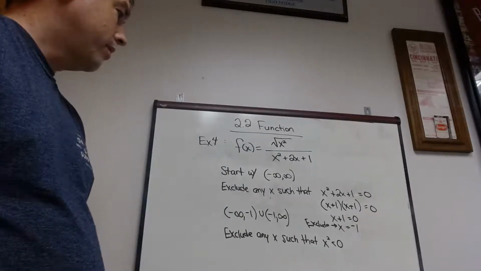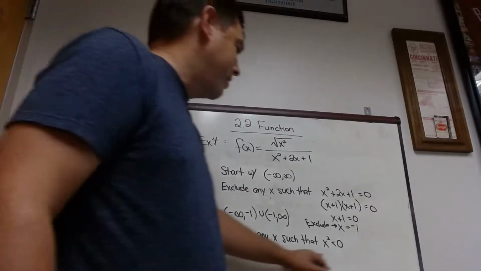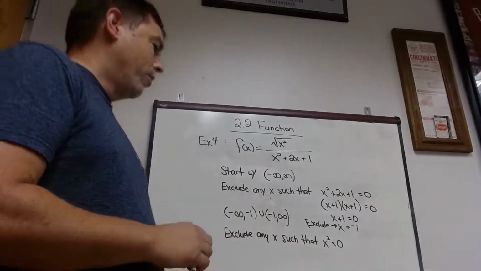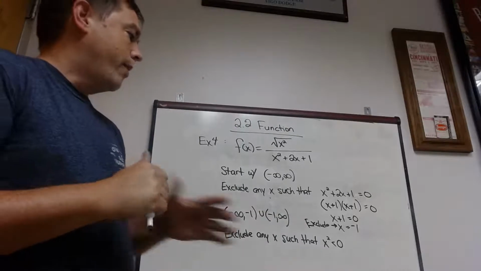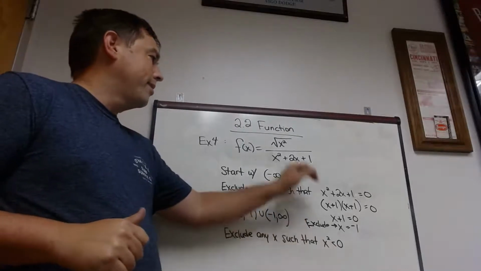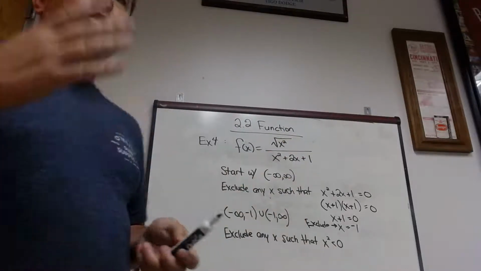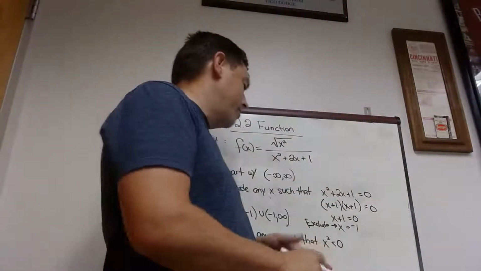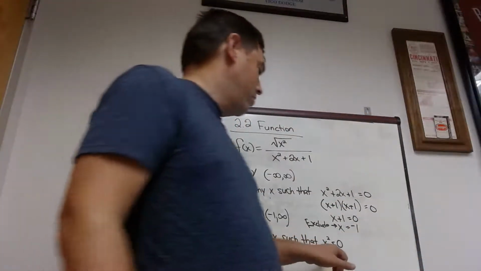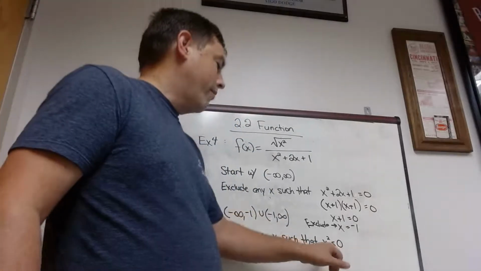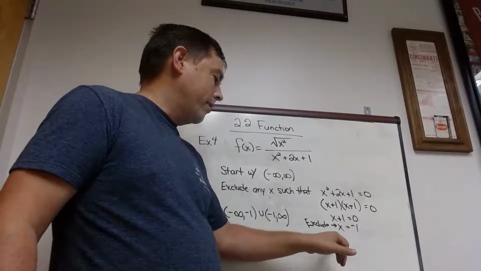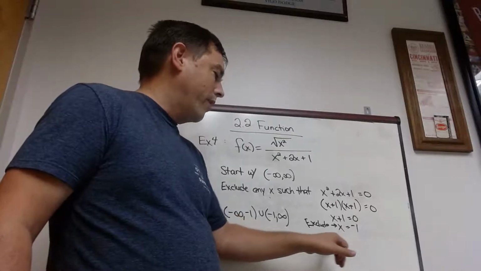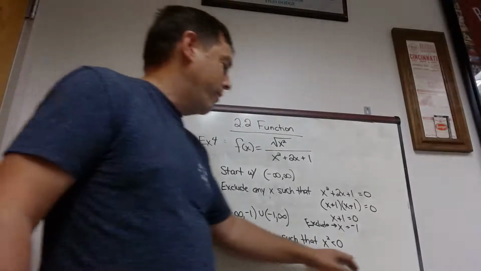All right. Well, just think about what's happening here. No matter what the value of x is, no matter what we pick for x to plug into this, when we square it, it's either going to be 0 or it's going to be a positive number. If x is 0, then we have x squared, which is 0. All right. 0 is not less than 0. It is 0. So no need to exclude that.